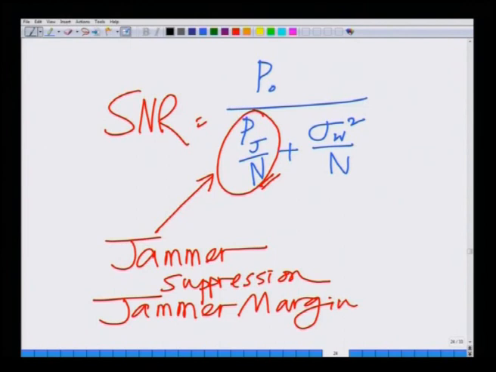Hence, the adverse effect of the jammer is substantially reduced. That is why CDMA is very resilient to interference by a jammer. Hence, we also said one of the first uses of CDMA was in secure communication. It was extensively used in military before coming into the civilian domain for this precise reason, that it is resilient to the adverse effect of jamming.